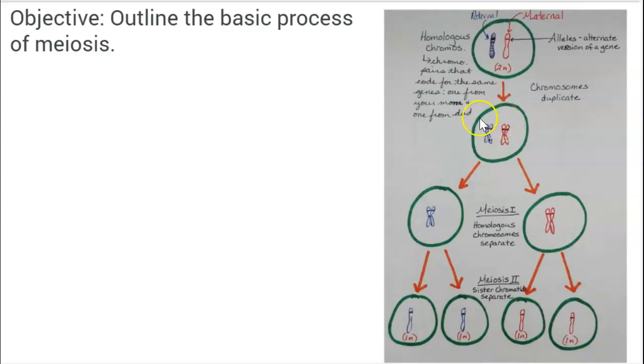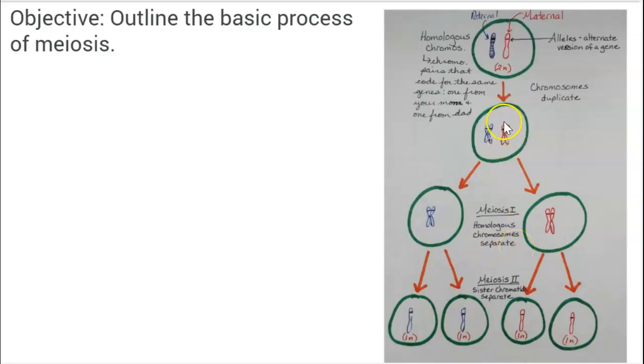In meiosis, it is going to differ from mitosis in one main way. When I ask you what is the most important part of meiosis, it is what happens in meiosis 1: separation of the homologous chromosomes.